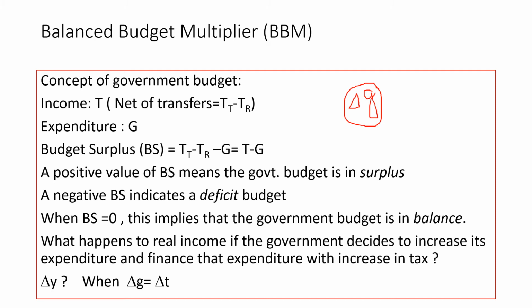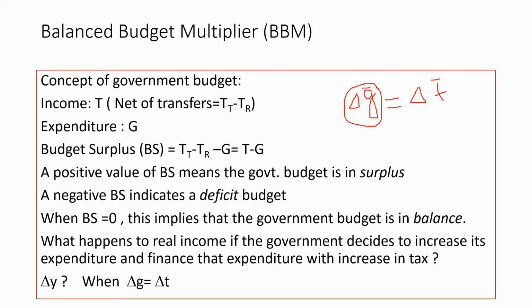So basically, when we were talking about delta G, we were not aware of how this is financed. But now what we are assuming is that this government expenditure is actually financed by an equivalent increase in tax. So delta G bar is basically equal to delta T bar.